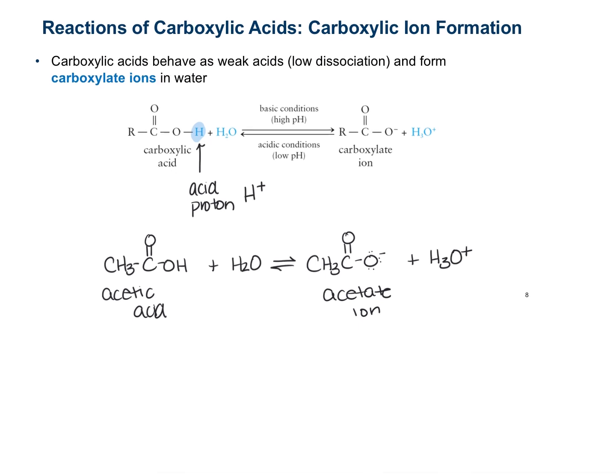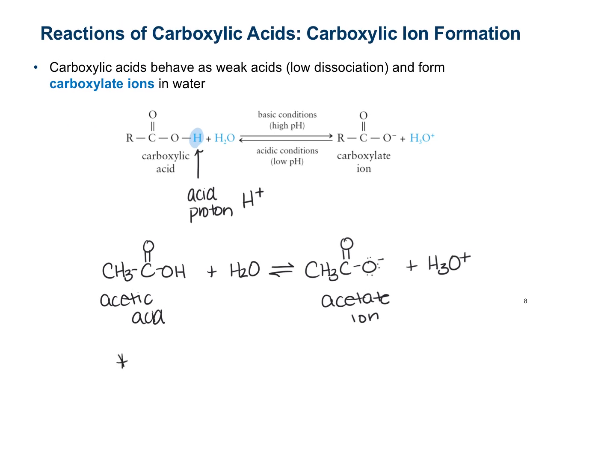Now, I want to point out that generally carboxylic acids behave as weak acids. And so what this means is that in equilibrium, so once this reaction has come to equilibrium, that's why we have arrows that go both ways, we only end up with about 5% of the acid in the H3O+ form and the acetate ion, and about 95% where it stays as the acetic acid.